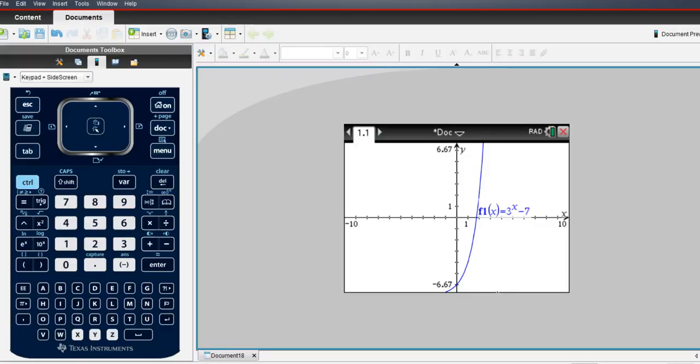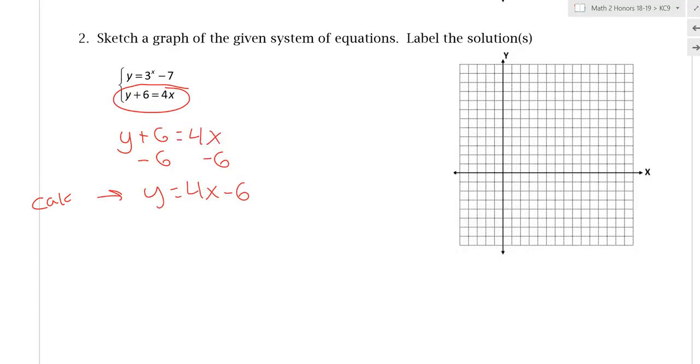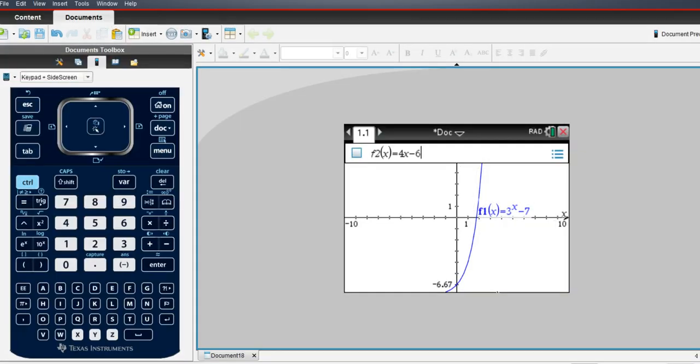So if I have that here, hit tab, right, so it's 4x minus 6. We want to make sure we have y by itself before we try to type anything into our calculator. Enter. There's that one.